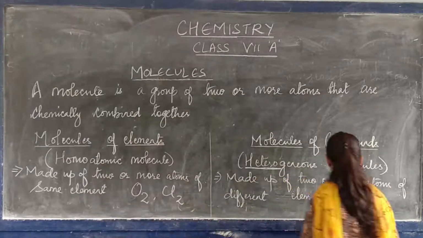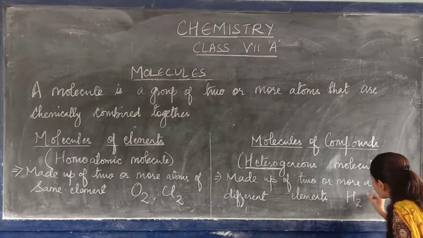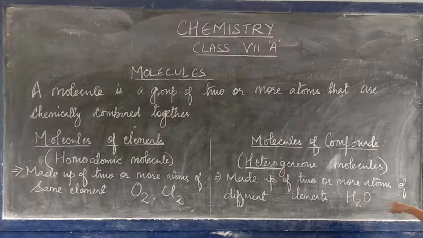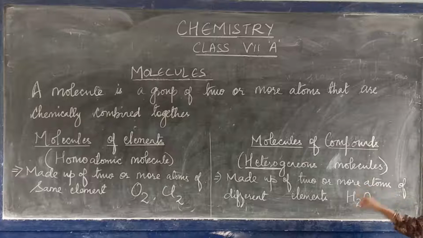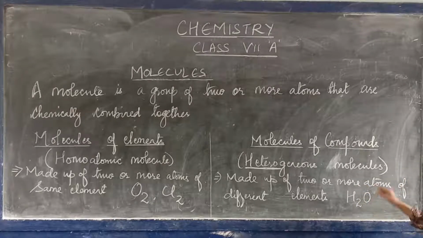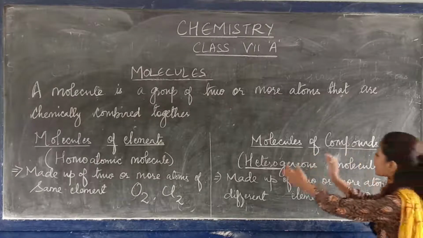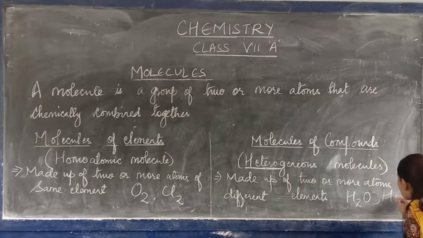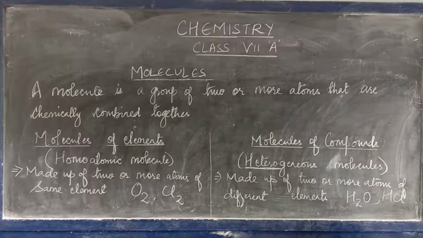For example, H2O, the formula for water, is formed by two atoms of hydrogen and one atom of oxygen. Another is HCl, hydrochloric acid, formed by one atom of hydrogen and one atom of chlorine.